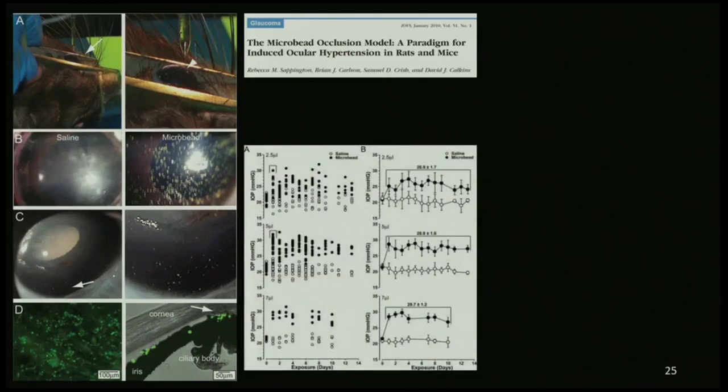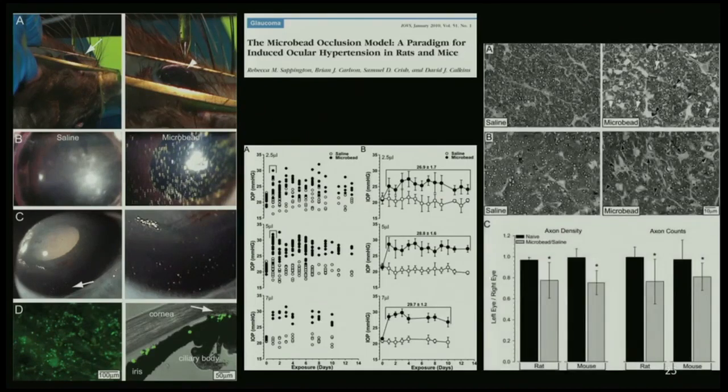They also showed that IOP was elevated in all volumes of microbeads that they used. And there did seem to be some relationship with the volume they used and the degree of IOP elevation. And they were able to show that they can cause axon injury in both rats and mice using this model.